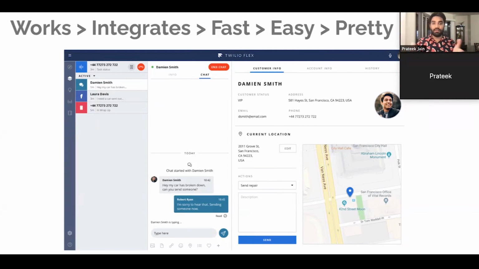We're talking here, there's a screenshot of something called Twilio Flex. Flex is oriented towards Marcos and Alberto's use case for customer support. Does this integrate with, for example, the customer database that the customer might have? So how well it integrates, how well it works, and then how fast is it to use?